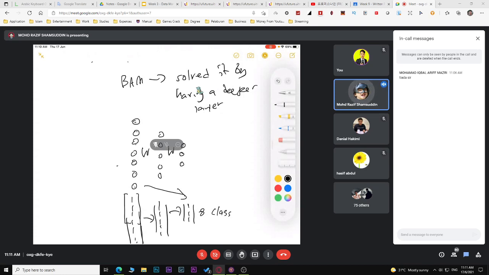Kenapa 8 kelas? Sebab neuron dia limited to 3 saja dekat ujung dia. Alright. Boleh juga mapping dia adalah mapping yang lebih besar lah. Right.